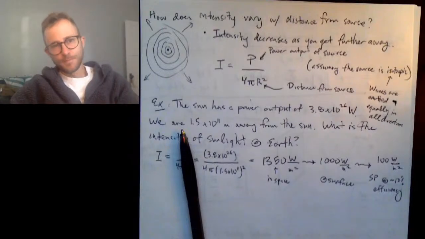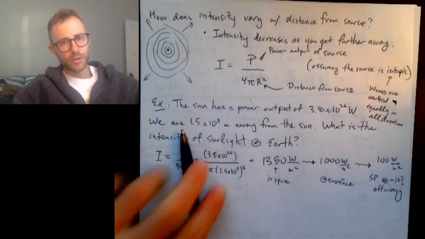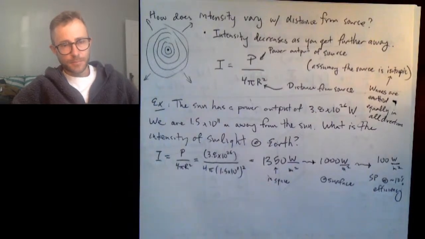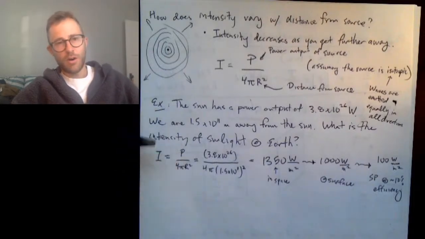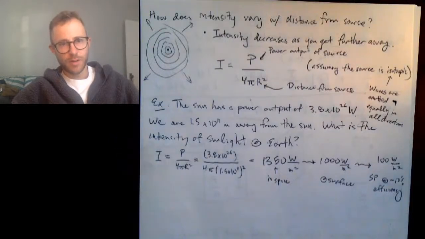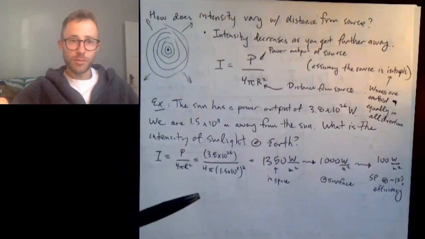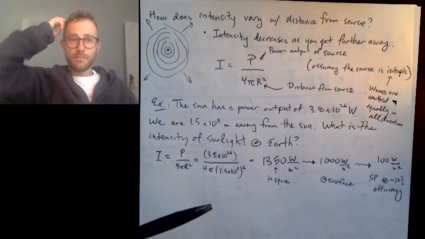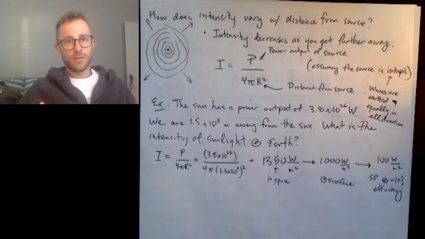So yeah, now this type of calculation was actually used by NASA all the time. They use this formula all the time when talking about light waves. So, for example, when we put a rover on Mars, they have solar panels on them that provide some power.